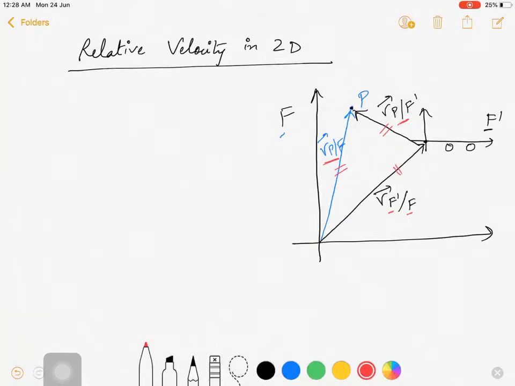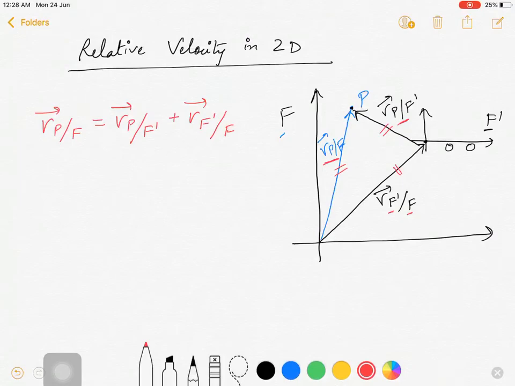So the position vector of particle P with respect to the fixed frame of reference is equal to the position vector of particle P with respect to the moving frame of reference plus the position vector of the moving frame of reference with respect to the fixed frame of reference F.